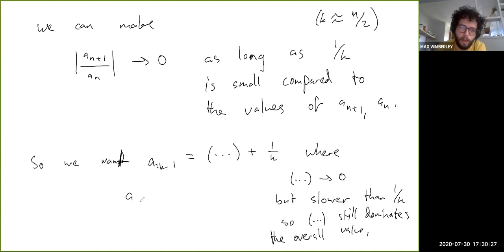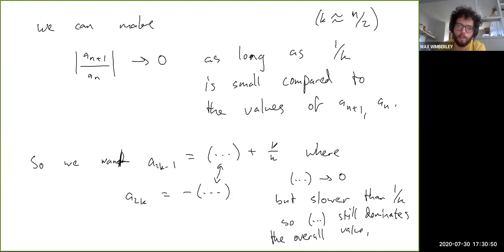And then a_{2k} can be the negative of this thing, to cancel that out. So it doesn't end up mattering in the long run, because you end up accumulating all of these 1 over k terms and getting a larger and larger positive value.